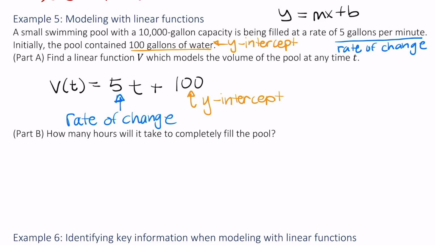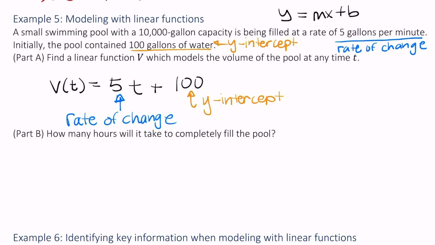Okay, so before we move too far, I want to ask you guys, our rate of change, is it in hours? Minutes. So we're going to have to deal with that at the end. So for now, let's just focus on finding a value for t, and then we'll figure out how to make it into hours.